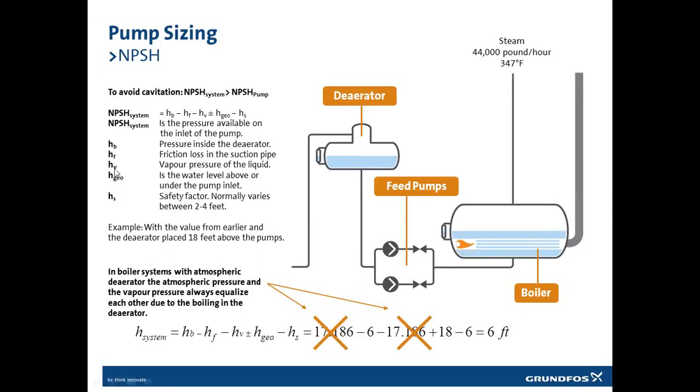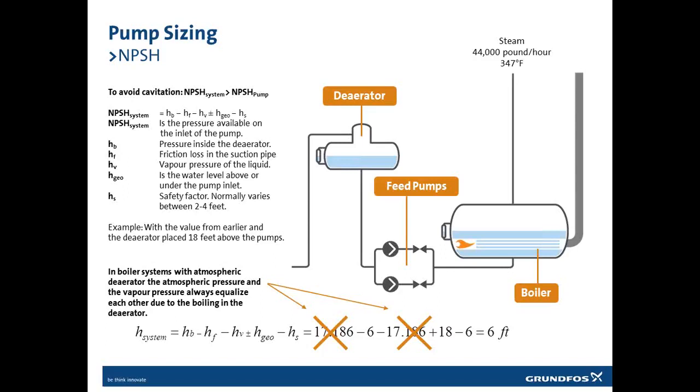Then we have HV, and that is the vapor pressure of the liquid. Vapor pressure is a little bit of a funny quantity, because it's actually a pressure that is working against our inlet pressure. And that is a pressure that occurs due to the movement of the molecules in the water. We'll see a little later how we calculate on that.